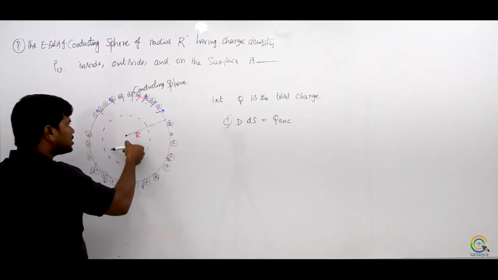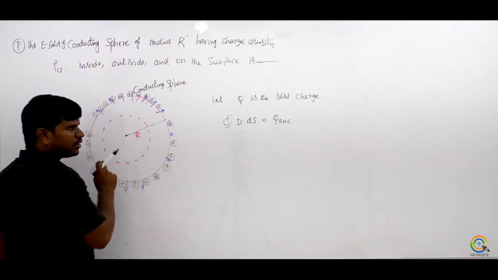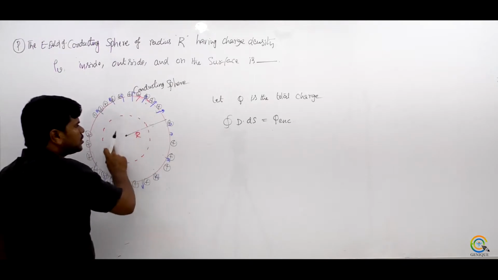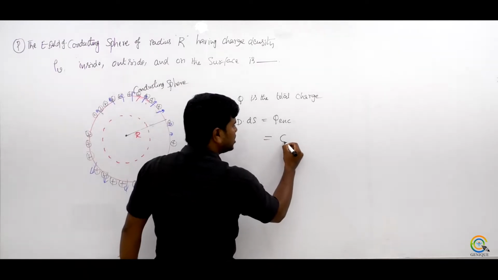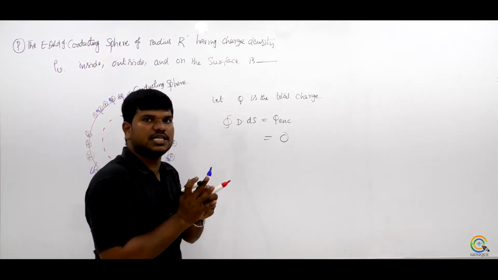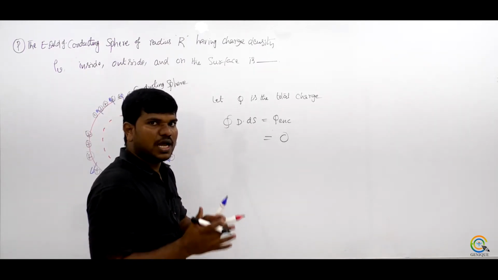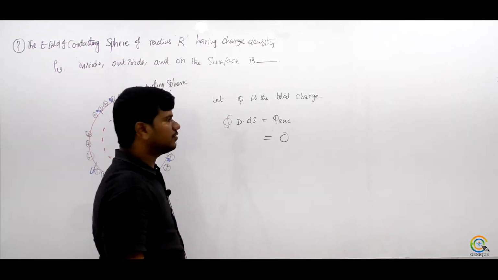What is the total charge enclosed? It is 0. There is no charge inside, because all the charge is vacated and has reached onto the surface of the sphere.